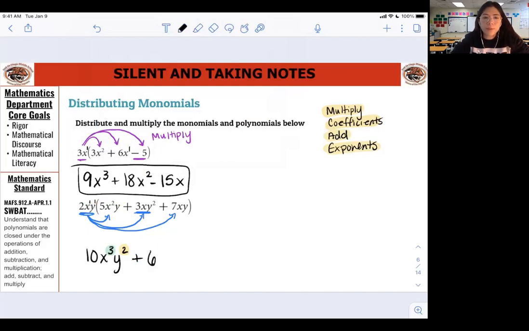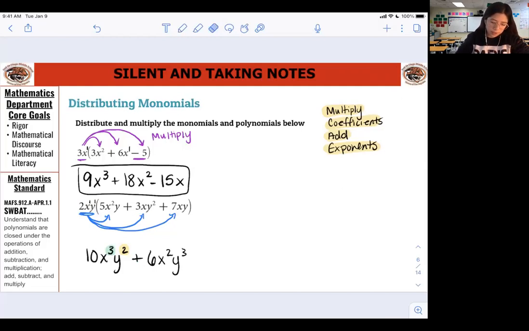So 2 times 3 gives me 6. What exponent does my x get? 2. Good. What exponent does my y get? 3. So I have 6x squared y cubed.